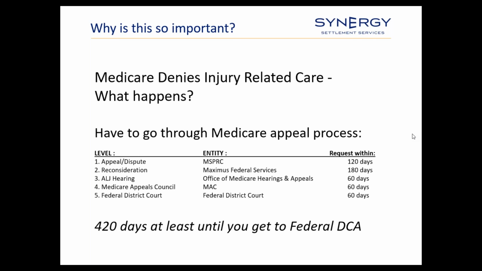If Medicare denies injury-related care, what's the actual process? And this is a real risk for people settling cases that do not account for Medicare at all moving forward. They would go to the hospital and injury-related care would just be denied.